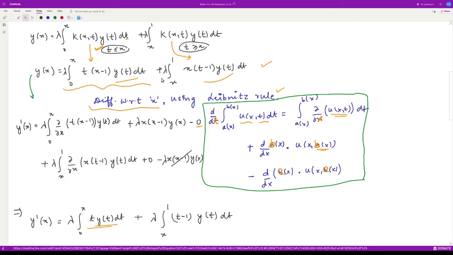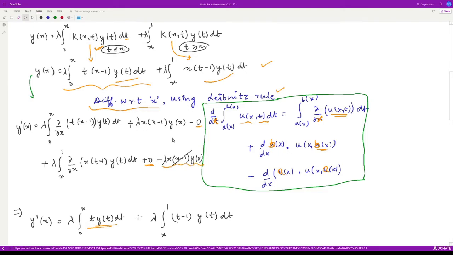Moreover, the complete derivative of the upper limit, that is 1, with respect to x would be 0, so the next term is 0. Then for the derivative of the lower limit, minus of that would be 1, and when you replace t here with x, you will get this term, right?